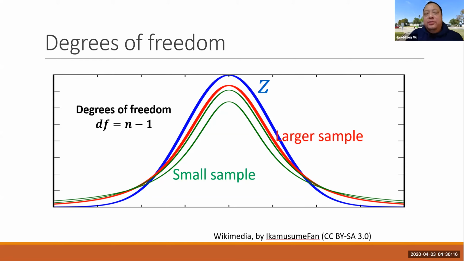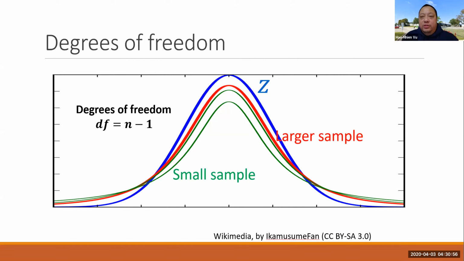And that brings us to the concept of degrees of freedom. The degrees of freedom of a T curve is defined as n-1, where n is the sample size. When you have a small sample, let's say of size 10, then it has 9 degrees of freedom, and a T curve with 9 degrees of freedom is very different from the Z curve.